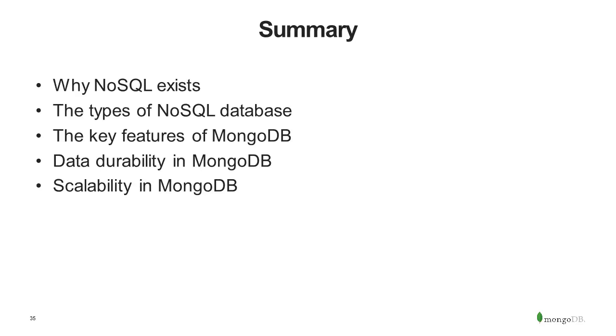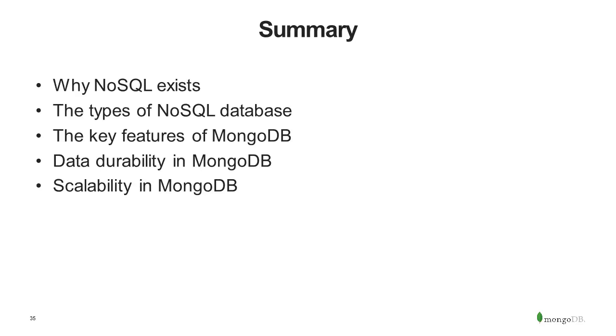Why NoSQL exists? Because of the explosion in data, the complexity and the unstructured nature of that data, and the challenges we face with traditional relational technologies in addressing the velocity and variety of that data. The types of NoSQL database: key value store, column store, graph database, multi-model, and document.